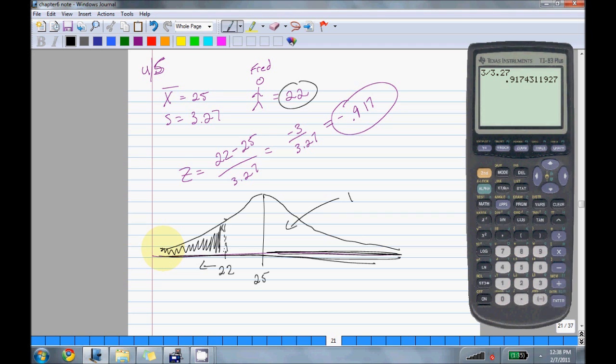So the cool thing is, if you knew calculus, we could integrate this curve from negative infinity up till 22, if we knew the function that represented the curve, and that would be all fun and dandy, but we don't know calculus, at least we're not assuming that we know it.